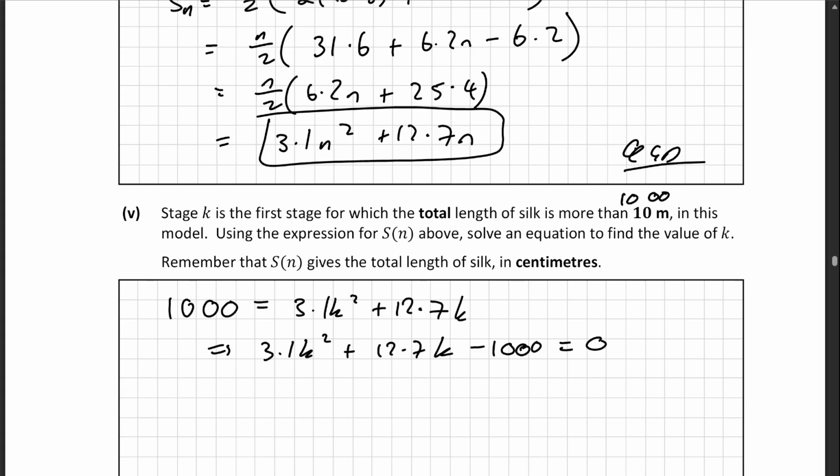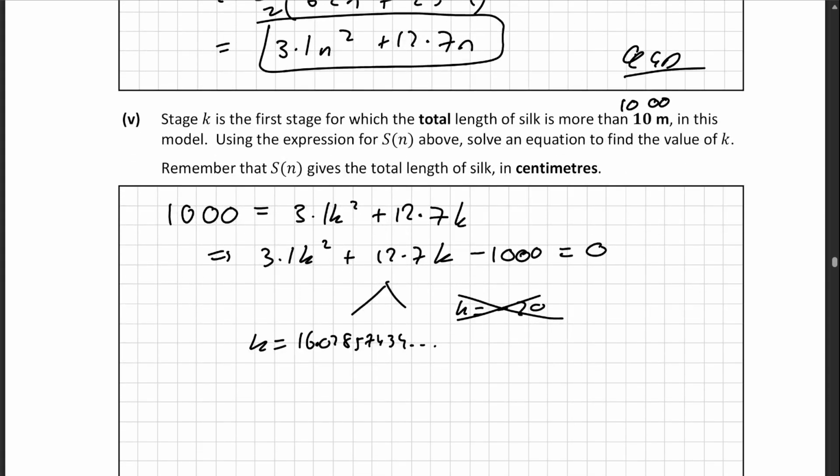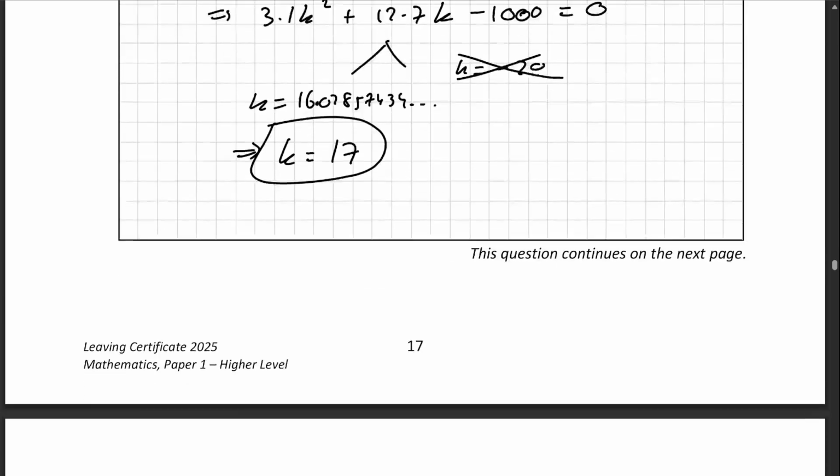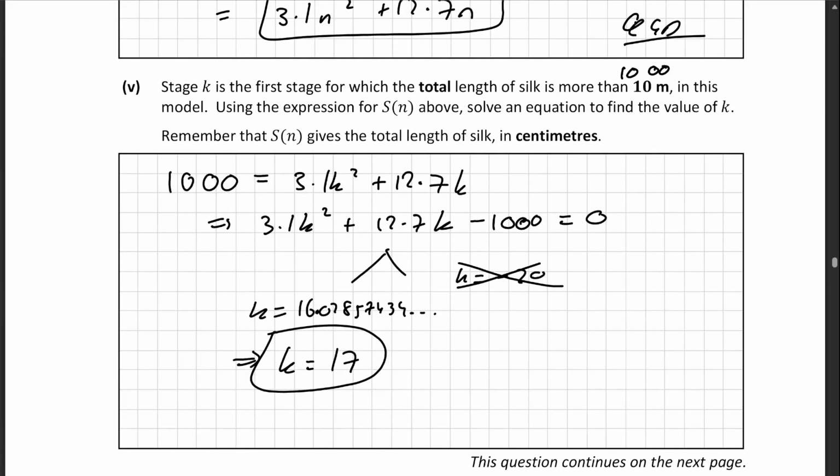Our first answer, k equals 16.02857434. And our second answer is minus 20, so we can just immediately discount that. So at stage 16.02, we're going to have a total length over 10 meters. So at k equals 17, we're going to have that total length more than 10 meters, because at stage 16 it's not quite there yet.